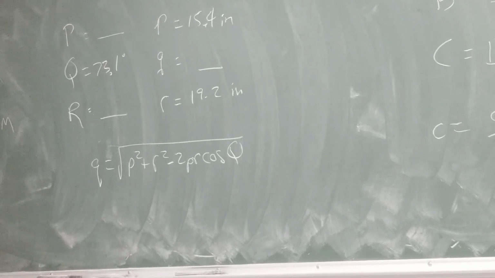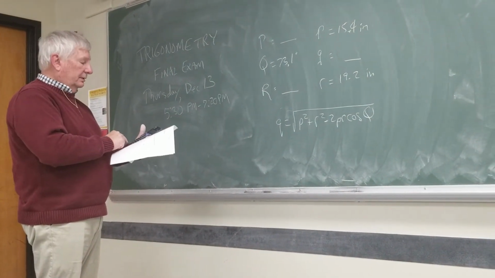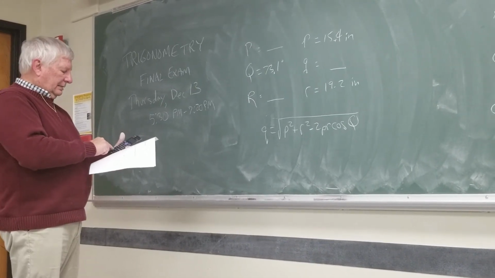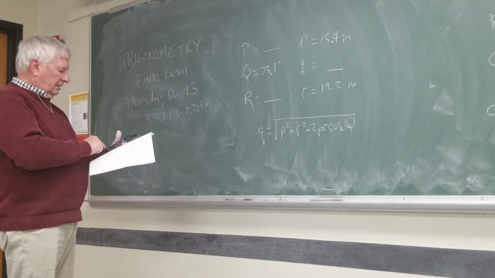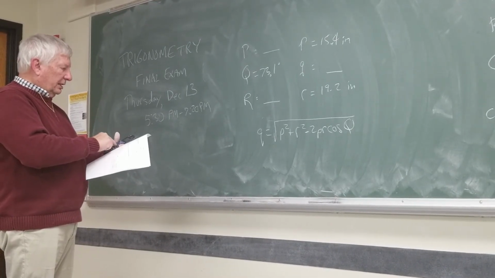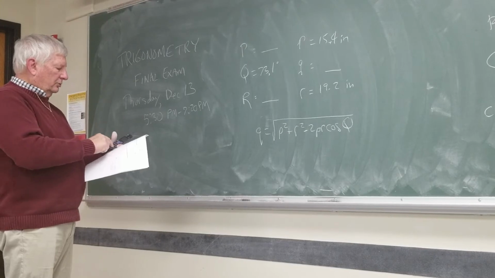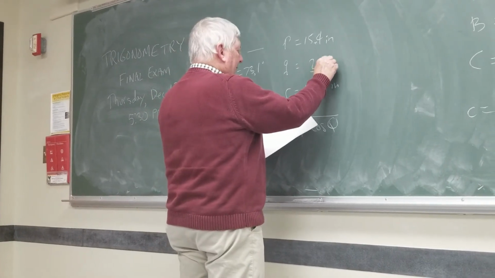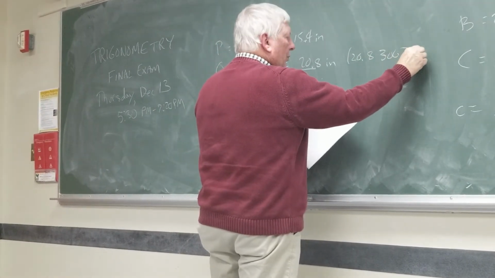Let's see. Square root of 15.4 squared plus 19.2 squared minus 2 times 15.4 times 19.2 times the cosine of 73.1, close cosine, close square root, and it says this is 20.8 inches. 20.83003482.